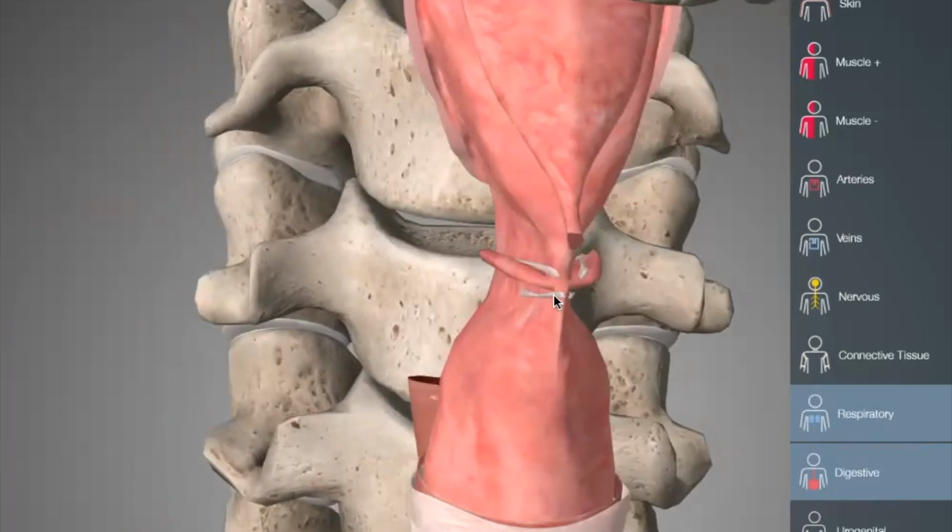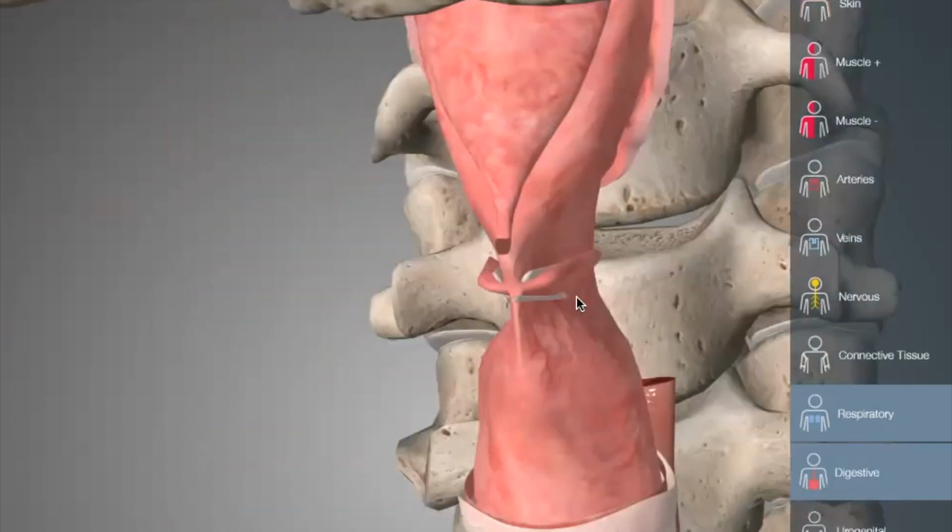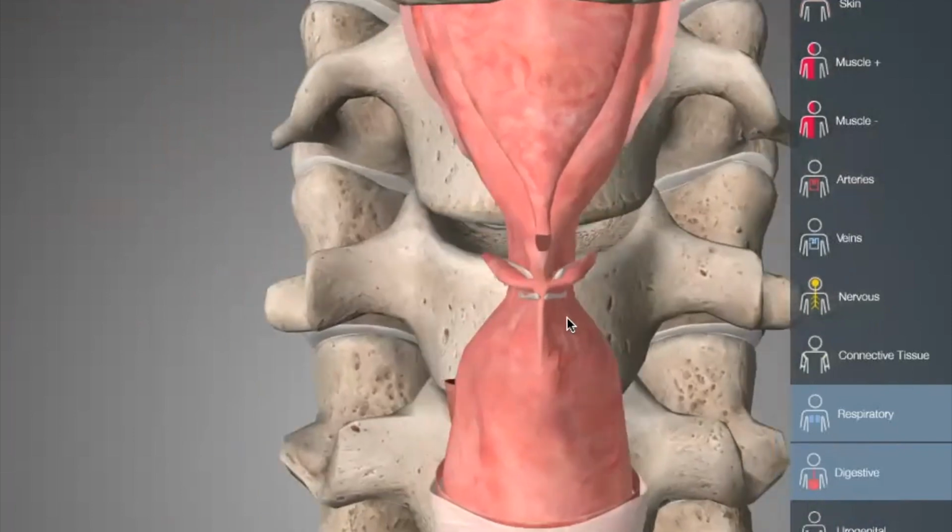And so if these are pulled, like one here and one here, they will have so much tension, and the rima glottidis will be smaller in area, and this helps the person create a high pitched voice.